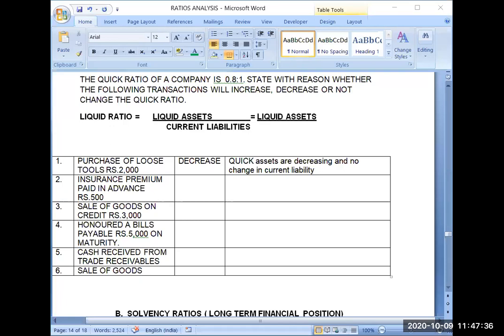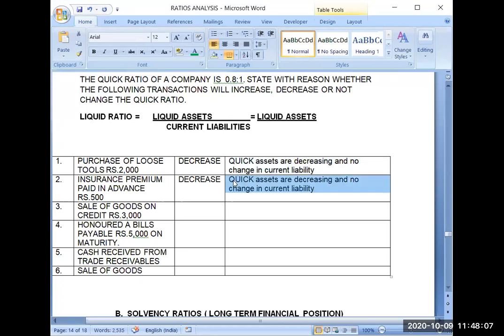But because you are paying cash, and cash is part of liquid assets, your liquid assets will again decrease and there will be no change in current liabilities. So your numerator is decreasing, but your denominator is unchanged. So your ratio will again decrease. Again, the reason will be same. Quick assets are decreasing and there is no change in the current liability.